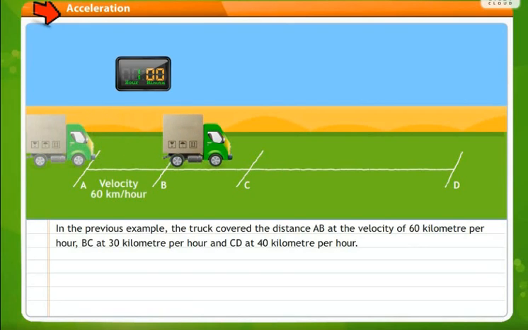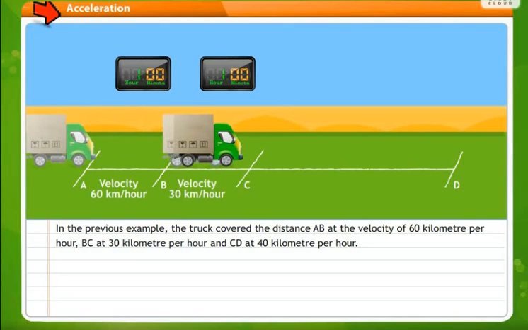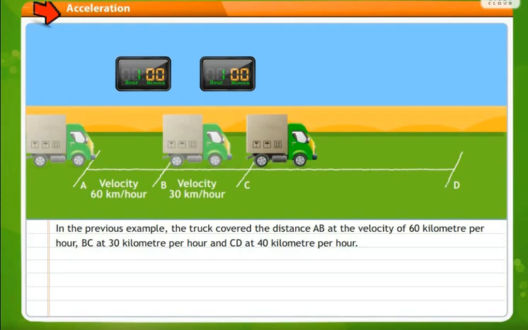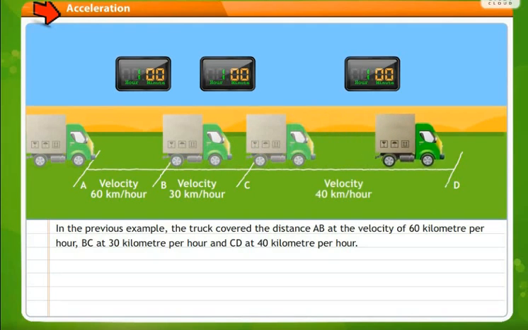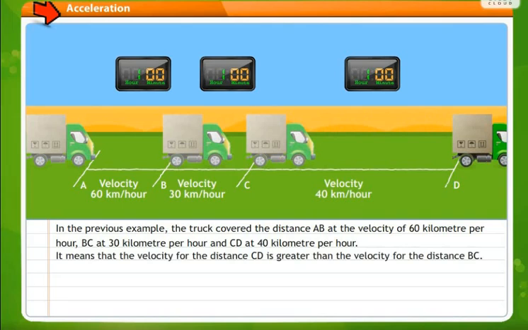In the previous example, the truck covered the distance AB at the velocity of 60 km per hour, BC 30 km per hour and CD at 40 km per hour. Now, if you see, the velocity for the distance CD is greater than the velocity for the distance BC.